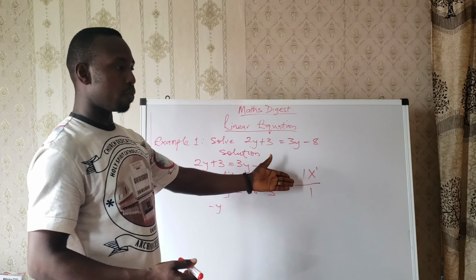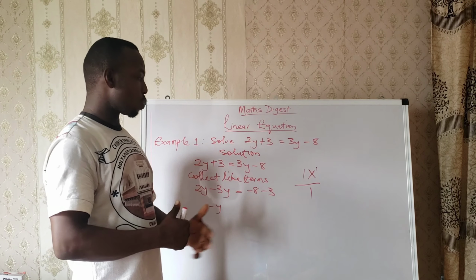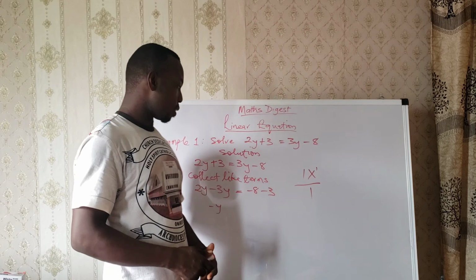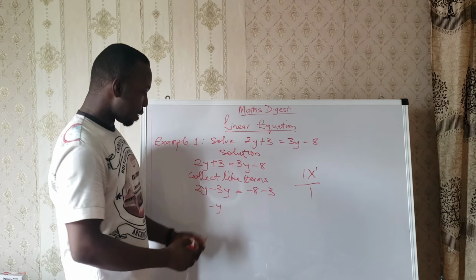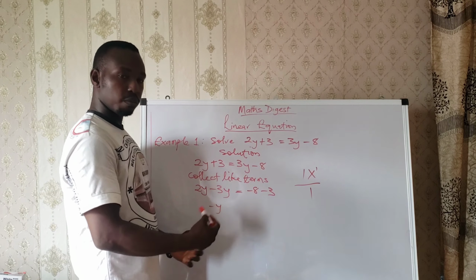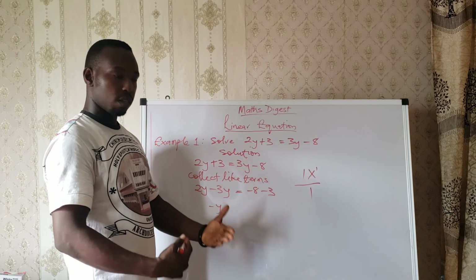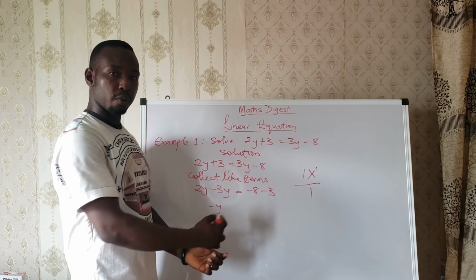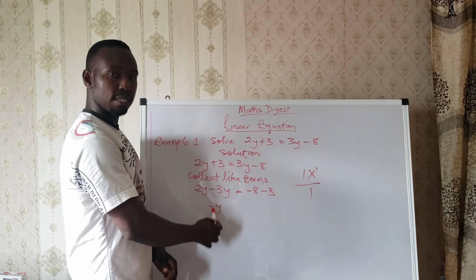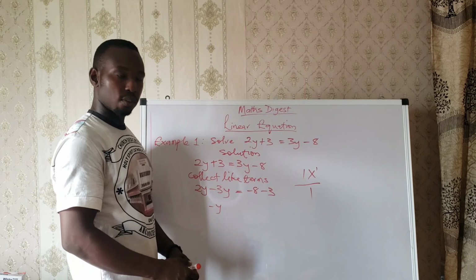We're going to meet more of this subsequently. So it's good that you know about this, for a better understanding. So what it means here is that we have minus 1y. But it's not written. But in the course of this solution, I'm going to explain something further for you to understand that 1 exists beside this y.